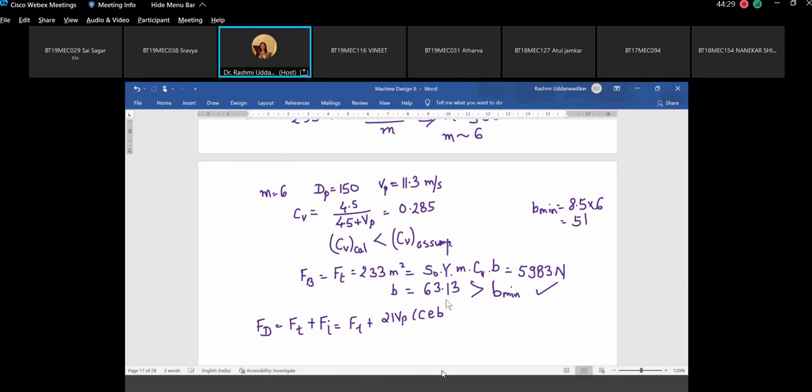The value of B is 63 plus FT, you know, upon 21 VP plus root over C E B plus FT.